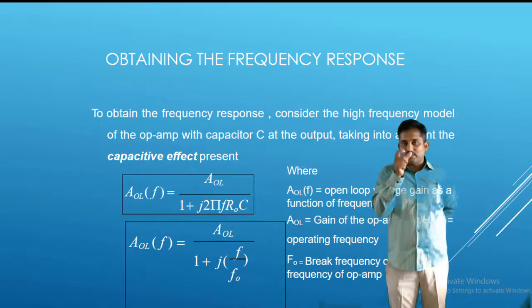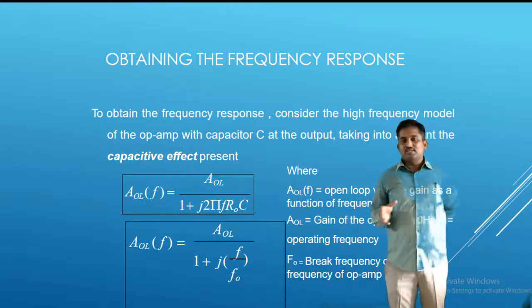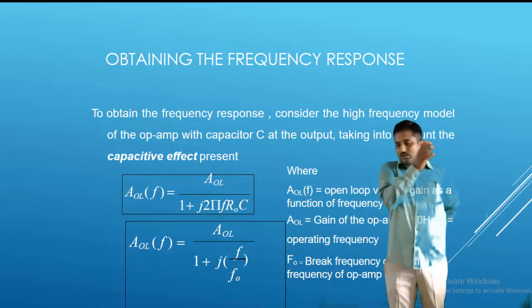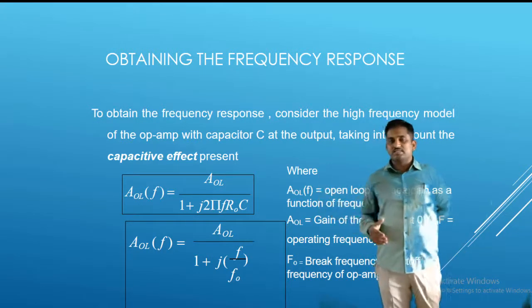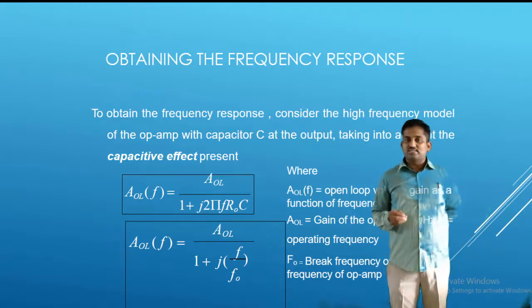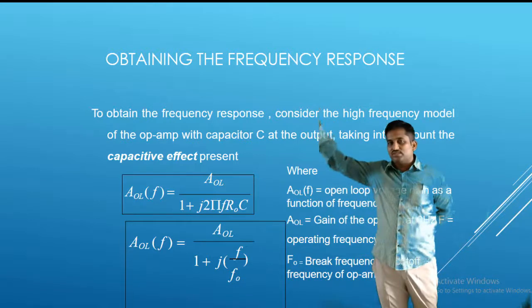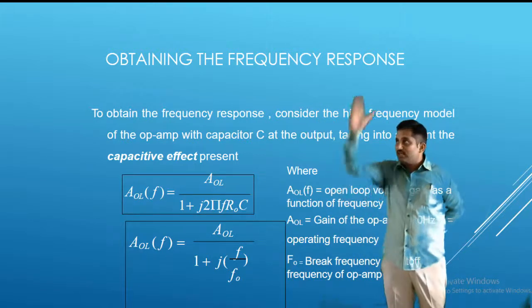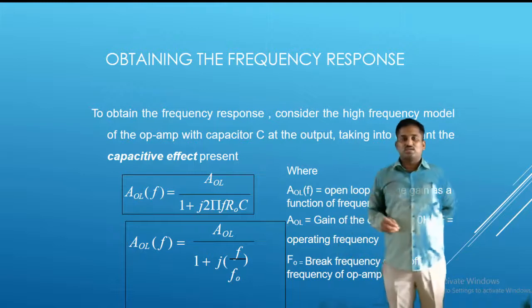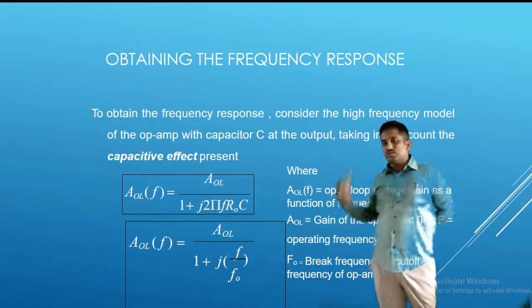The frequency response shows that the gain is not infinity when the frequency increases. Whenever you increase the frequency, after reaching a particular maximum frequency, the gain starts to reduce. Why is the gain reduced?